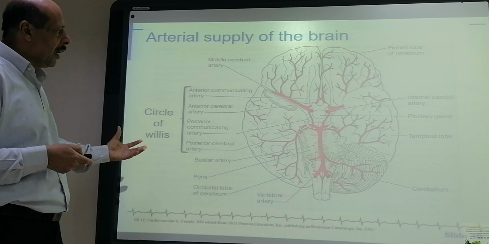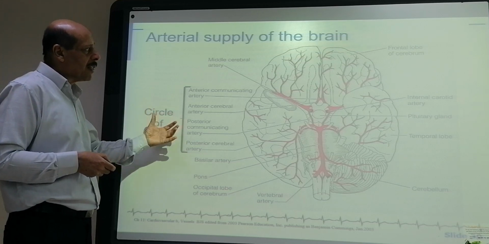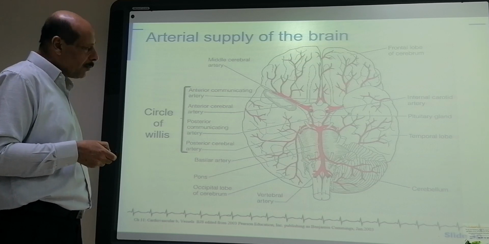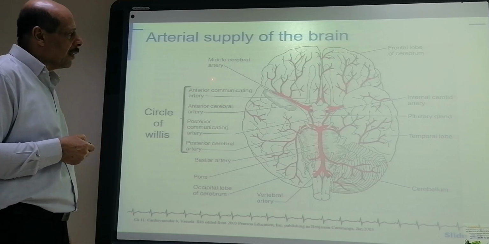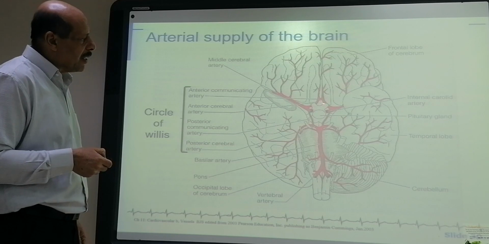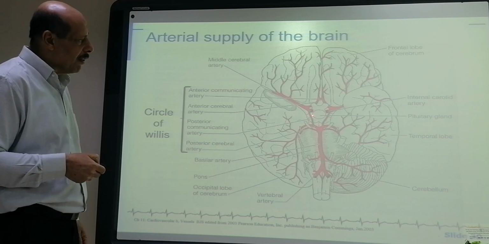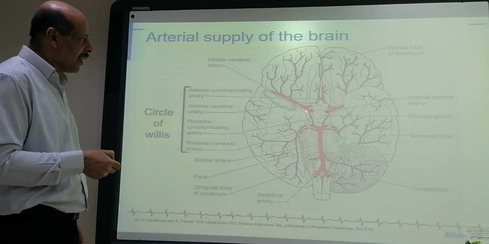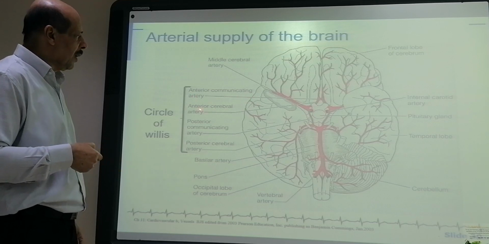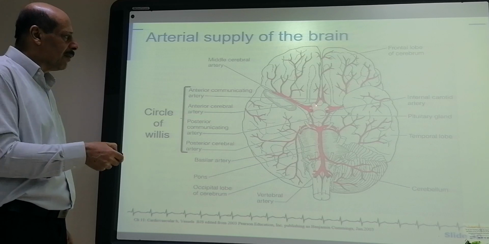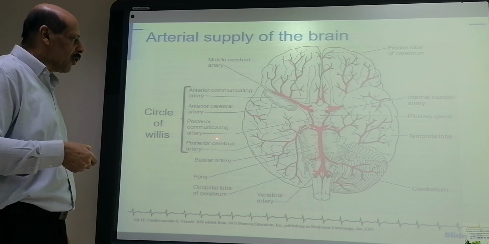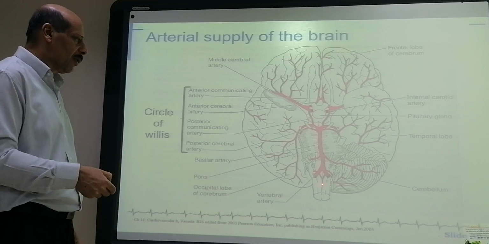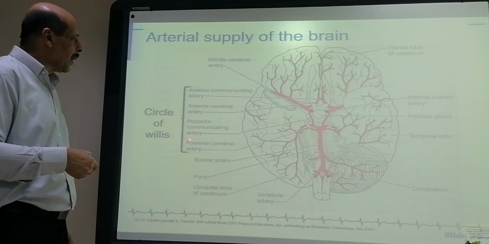So this is again the circle of Willis, which is composed of the middle cerebral artery, and the anterior communicating artery is there. This is the anterior cerebral artery here, and the posterior communicating artery, which is coming from the posterior, because this is the posterior part of the brain.